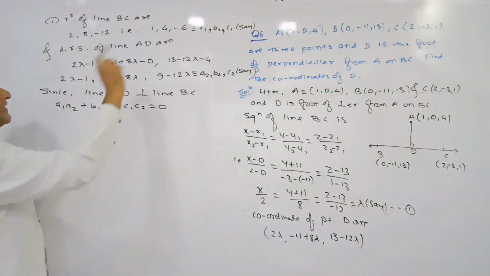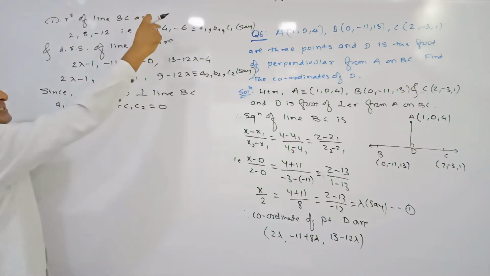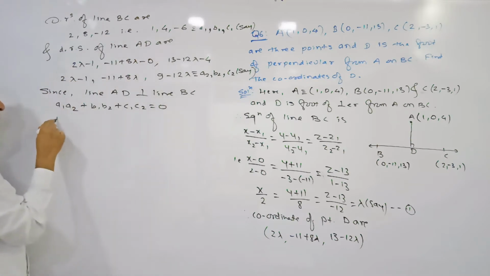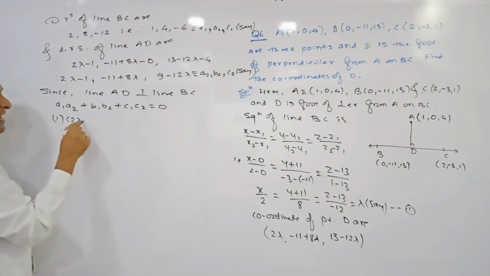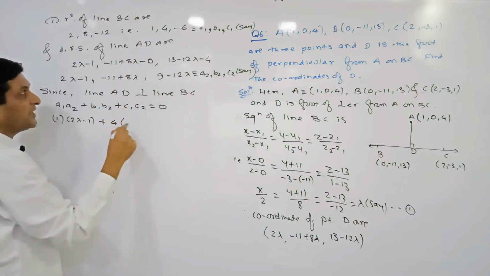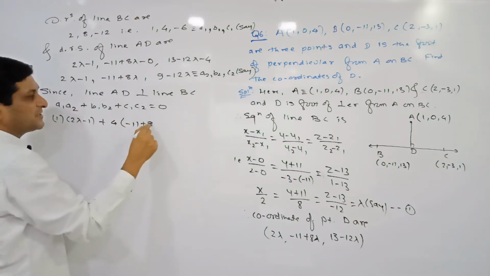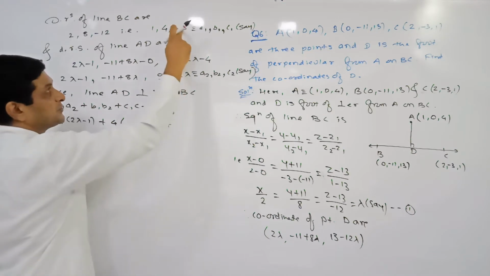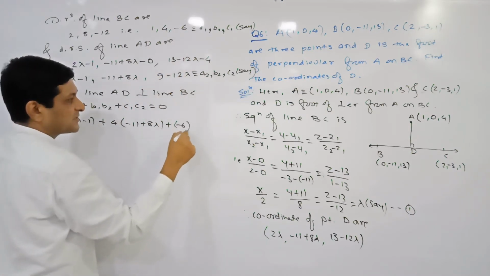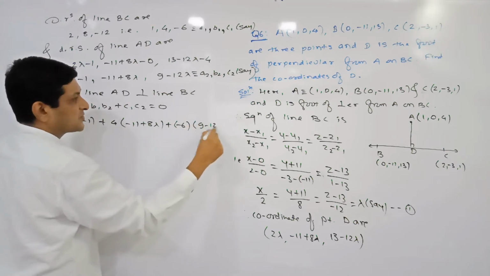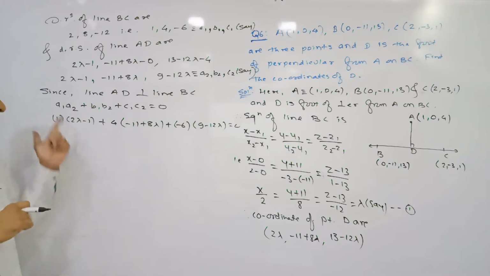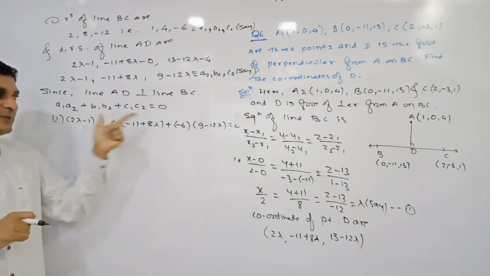So A1 A2 means 1 into 2 lambda minus 1, plus B1 B2 means 4 into minus 11 plus 8 lambda, and C1 C2 means minus 6 into 9 minus 12 lambda. On this side 0, keep it as it is. We have just substituted the values of A1, B1, C1 and A2, B2, C2.